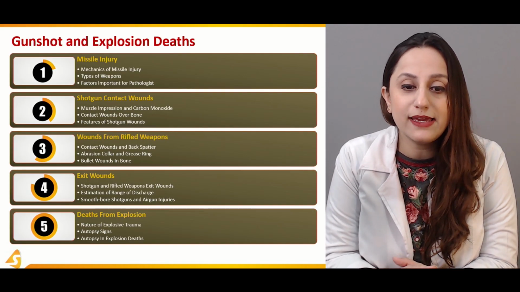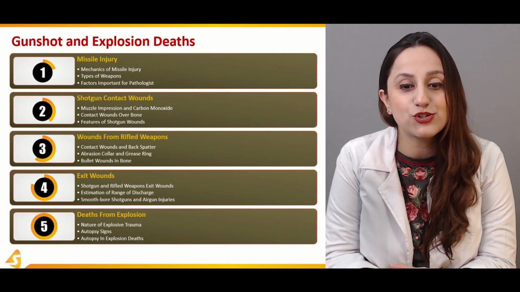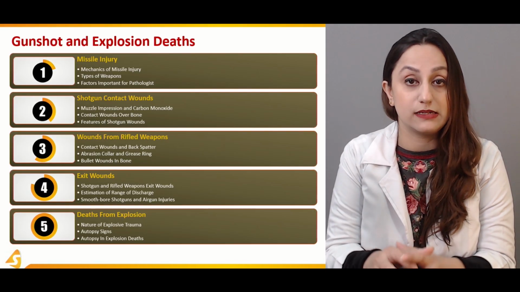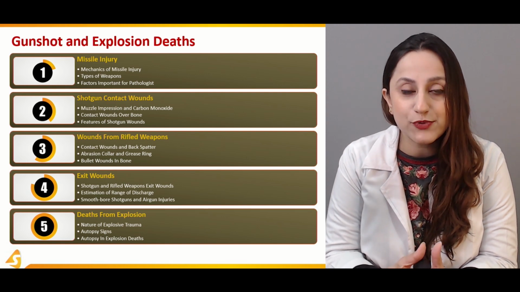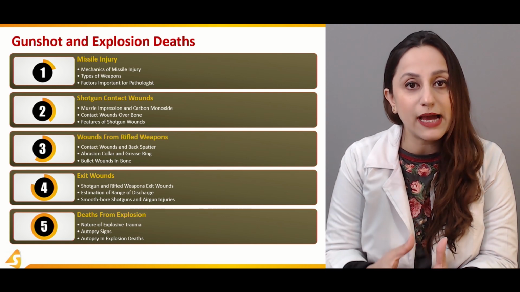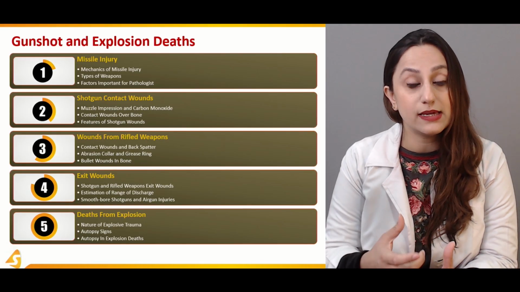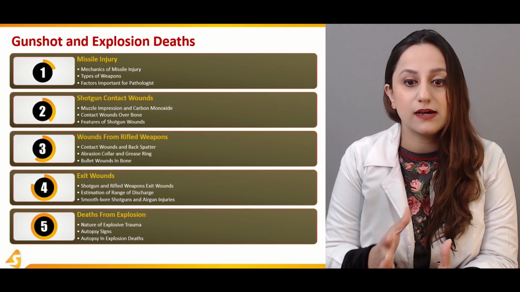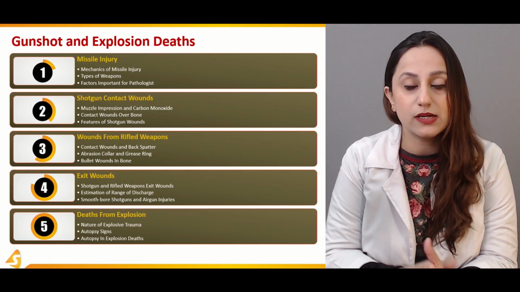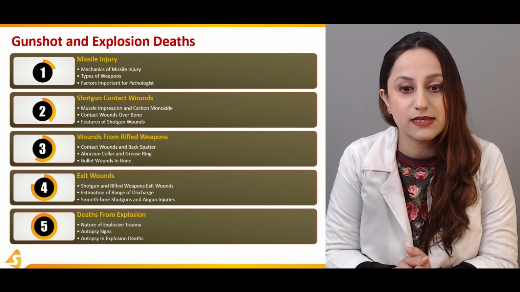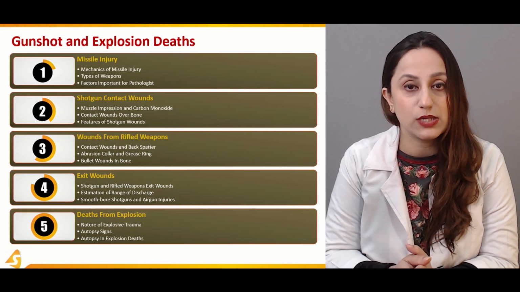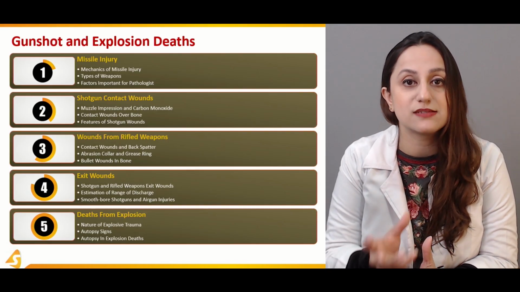Secondly, in the second section, we'll be discussing shotgun contact wounds in a very comprehensive way. We'll be discussing the muzzle impression. If the shotgun is fired in a contact state, what kind of injury can we observe in such a circumstance? And then the carbon monoxide. What is the action of the carbon monoxide in such muzzle injuries?